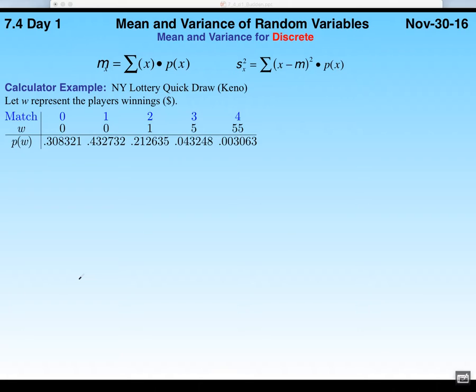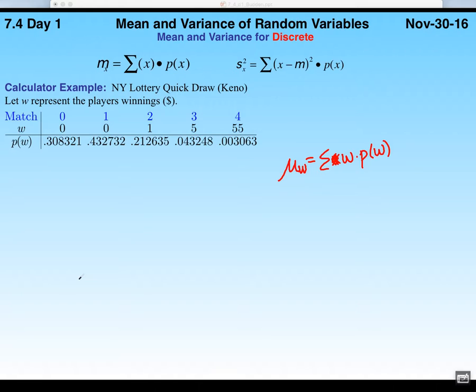So we want to know the mean and the standard deviation. We're going to show the work and then do it on the calculator. So the mean of W in this case, you're going to show me the formula. So it's W times P of W because we're looking at winnings now.